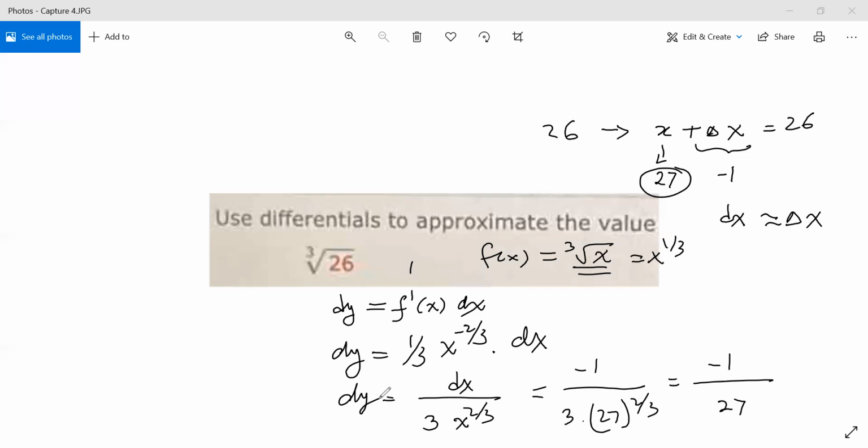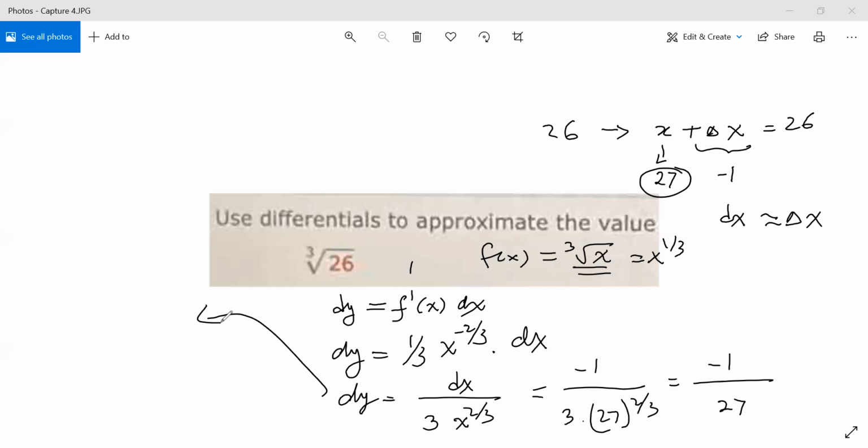Okay, and then what happens now is that your approximation, because you were trying to approximate the cube root of 26. So that's close to what the actual value is, because if I compute the dy, dy is supposed to approximate delta y, right?